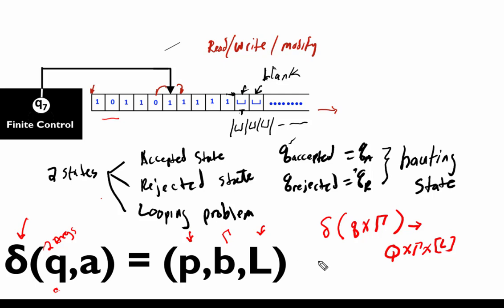Now you can see that the alphabet is a subset of gamma, but it's not the other way around. So gamma is not a subset of the alphabet.